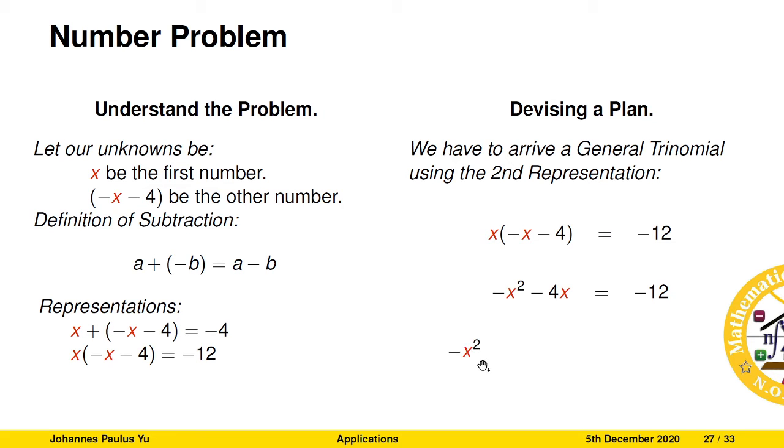So this becomes negative x squared minus 4x plus 12 equal to negative 12 plus 12. So nag-atag plus 12 diri spikas, napoy plus 12 diri. And this becomes 0. This becomes negative x squared minus 4x plus 12 equals to 0. So this is now our plan to arrive at the general trinomial.